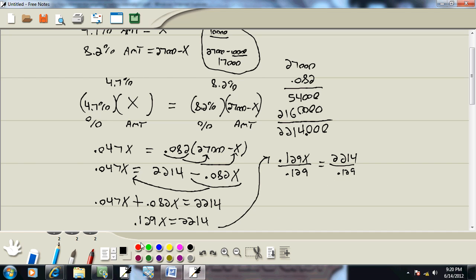Those cancel. And 0.129 into 2214. I moved this 3 decimal places. I can't have any decimals out in front. So I have 129 into 2214, and then I have to add 3 zeros because that would be my decimal places now.